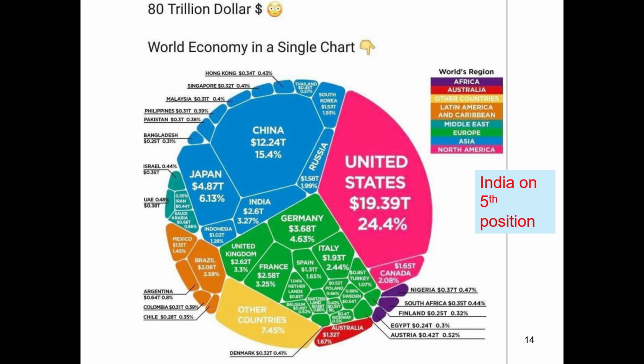Now, $80 trillion world economy in one chart. Just see, United States 24.4% of the whole world, China 15.4%, Japan 6.13%, then Germany 4.63% of the world, and India, my India is in the 5th position, that is 3.27%.